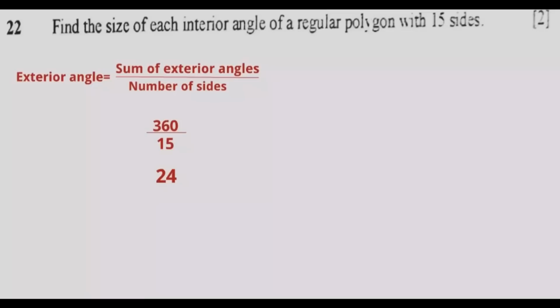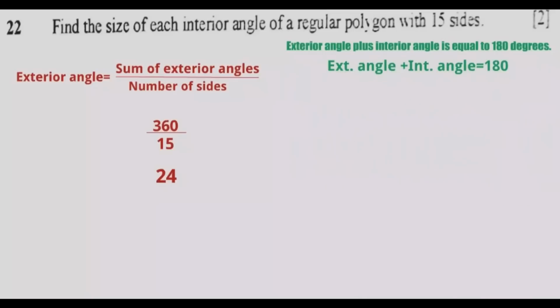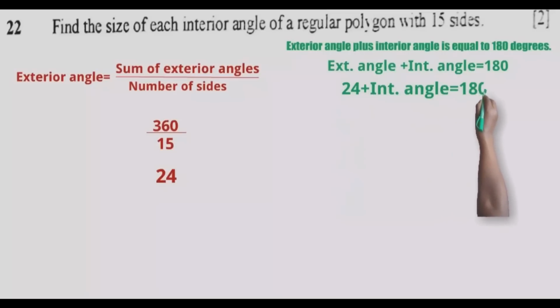Now once we've done that, we can come to finding the size of the interior angle. We're going to use a property which is that exterior angle plus interior angle at a particular corner is equal to 180 degrees. Since we know the exterior angle is 24 degrees, we put 24 degrees plus interior angle equal to 180 degrees.